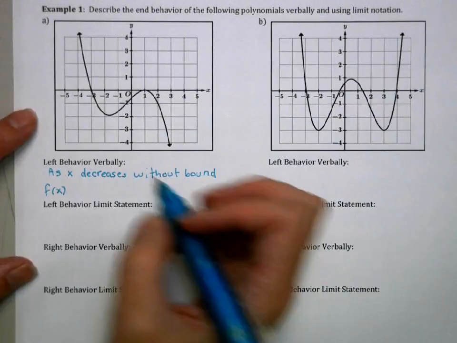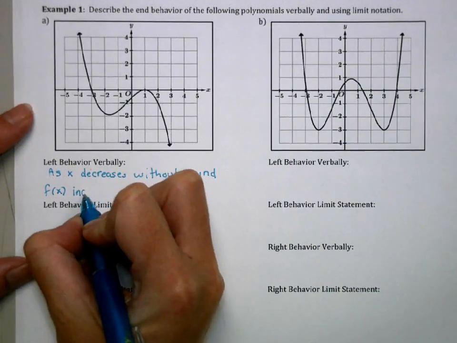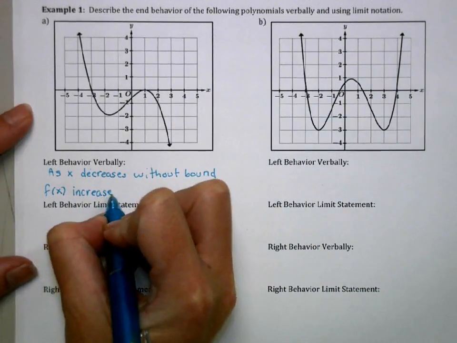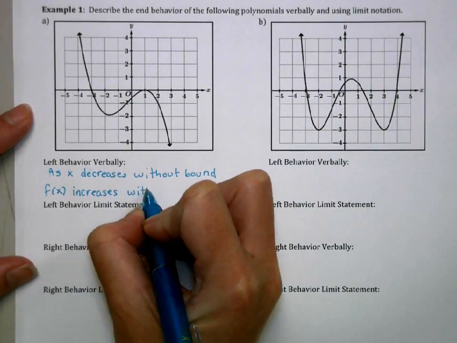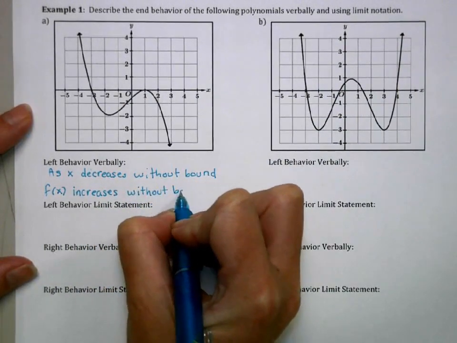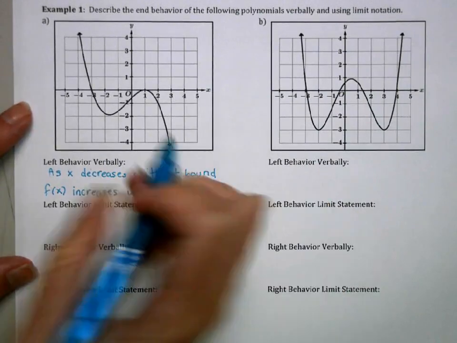So the way we'll describe that is f of x increases without bound. You have to put f of x if you put y.